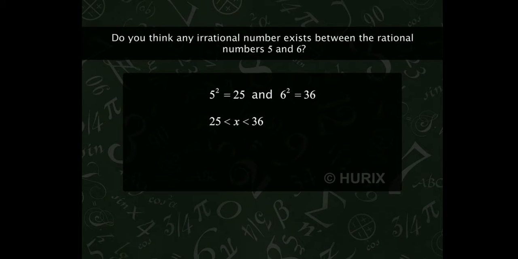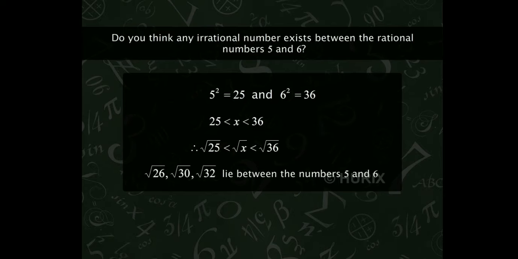We know that the square root of a non-perfect square is an irrational number. Thus, the square root of any number lying between 25 and 36 is an irrational number. Thus, some irrational numbers lying between the numbers 5 and 6 are the square root of 26, square root of 30, and the square root of 32.